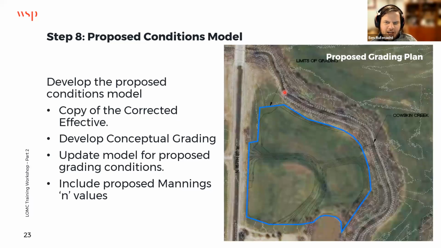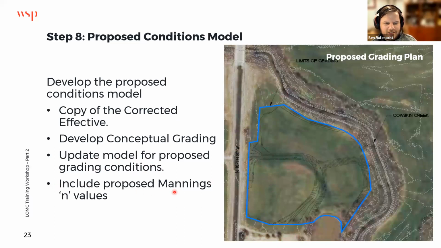And we're going to apply those changes to this proposed condition model, copy of the effective corrected model, adjust the cross sections, the elevations in the cross sections that pass through this change in grading, and run the model to see the differences in elevations. And remember, this is in a floodway, so those differences have to be 0.